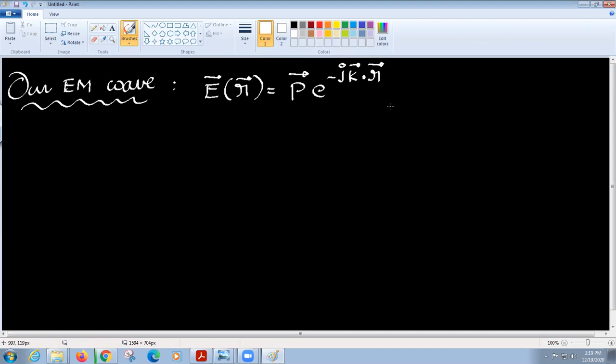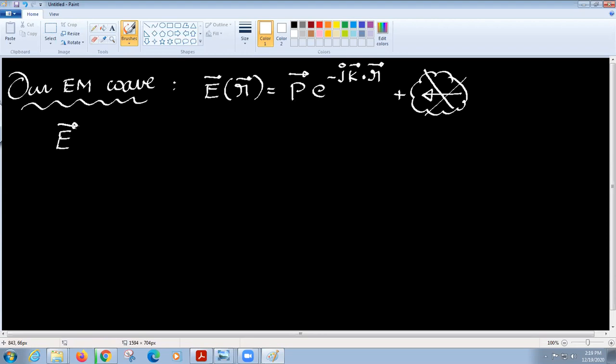And also we have a backward traveling wave. This is the forward traveling wave with polarization vector. And also I have a backward traveling wave. And for the time being, we are neglecting this backward traveling wave. Let's consider only this forward one, P e power minus jk dot R. Now we resolve this P into orthogonal components.